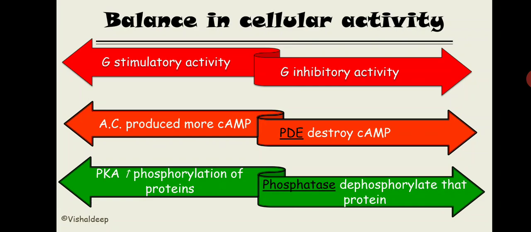Third one is protein kinase A. It increases the phosphorylation of the protein, while on the other hand phosphatase dephosphorylates that protein. So epinephrine, by acting on the beta adrenergic receptor, will activate the heart, and ACh, acetylcholine, via the muscarinic receptor will decrease the activity of the heart by G inhibitory activity.